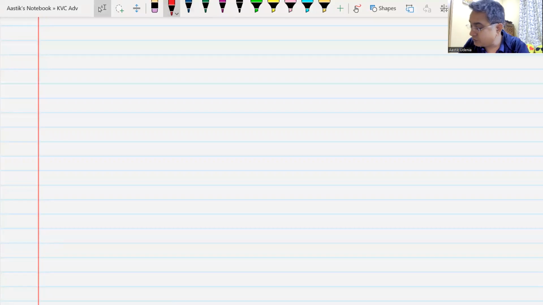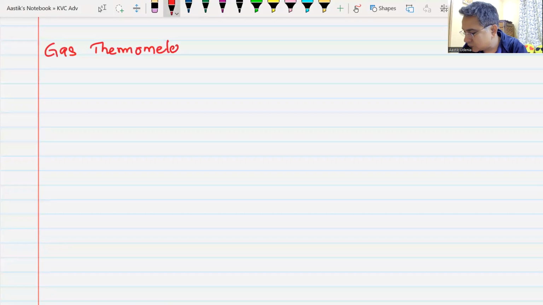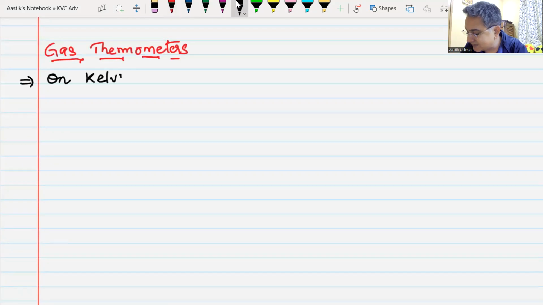So when we come to thermometers based on gases, these gas thermometers are basically made on the Kelvin scale, the SI unit Kelvin scale.